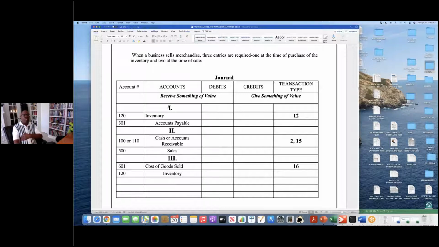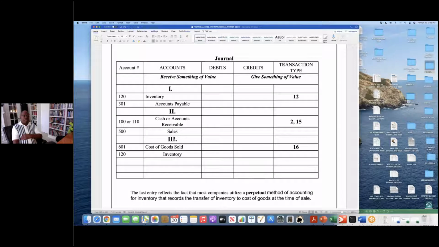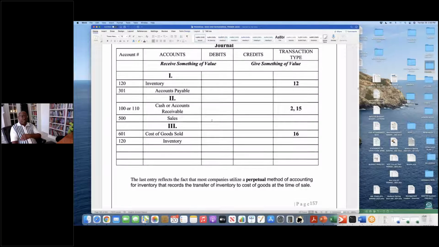Journal entry Roman numeral 1, where we buy the inventory. Journal entry Roman numeral 2, where we sell the inventory. Then Roman numeral 3, where we record the cost of the item being sold so we can determine the gross profit. So instead of the one journal entry, we now have three journal entries. We have to buy the inventory, and then we have to sell it.